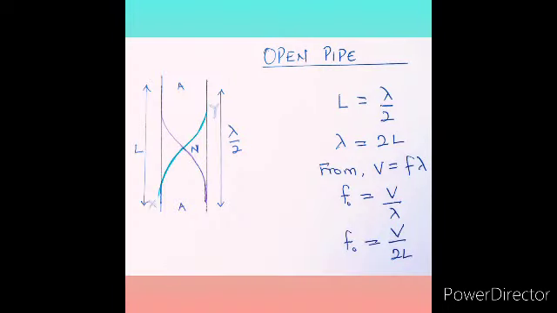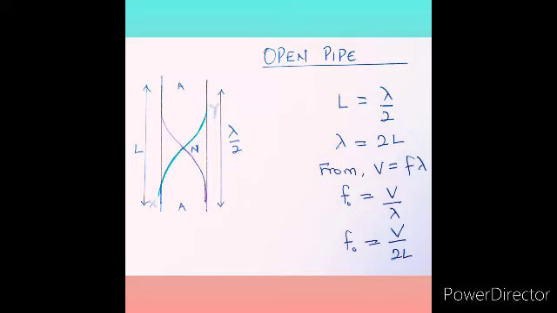Next, we'll talk about vibration in an air column. An air column is defined as air in a tube. Now, we can have two different types of air column. We have what we call the open pipe and the closed pipe.